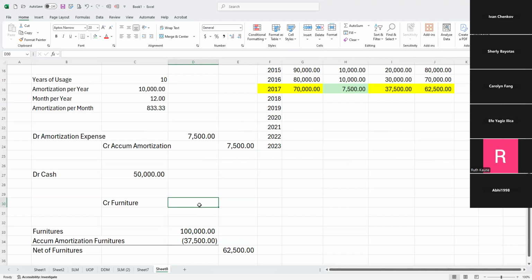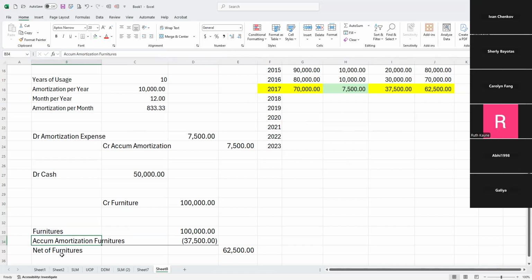Okay, let's get rid of the furnitures. $100,000 gone. Now, furnitures are gone. What else is gone? Can I keep the accumulated amortization account? No, I have to get rid of it. Now the furnitures have a debit balance. By crediting $100,000, I'm closing the furnitures. Accumulated amortization, furnitures.